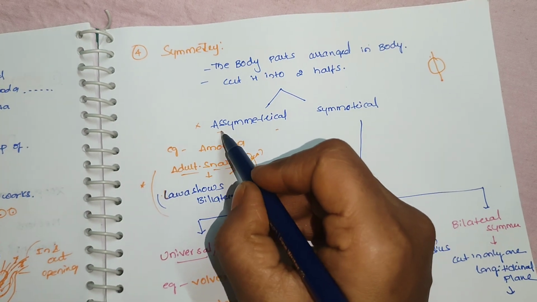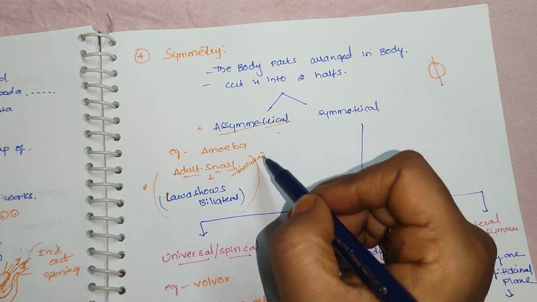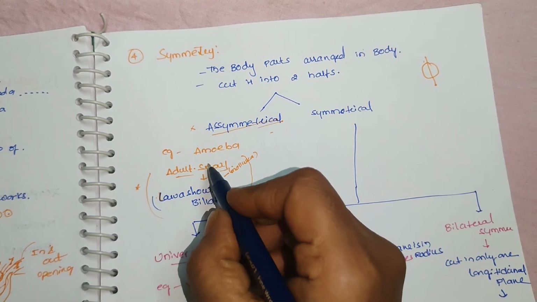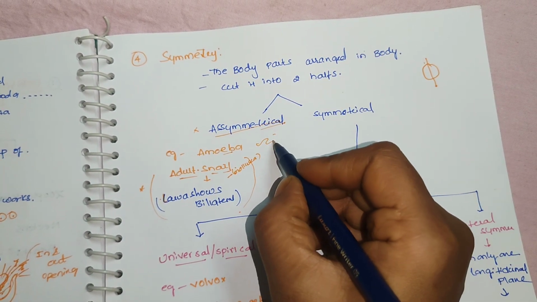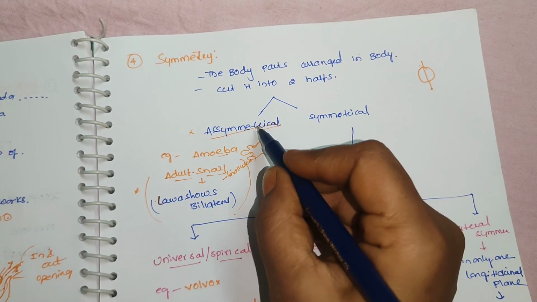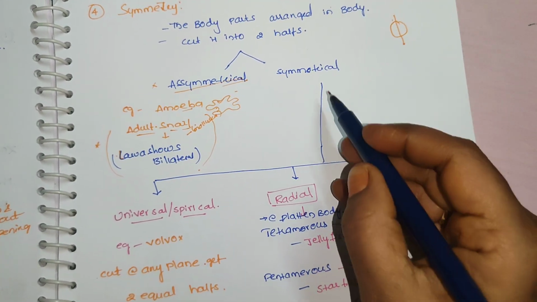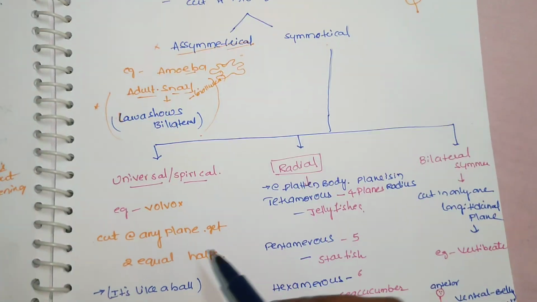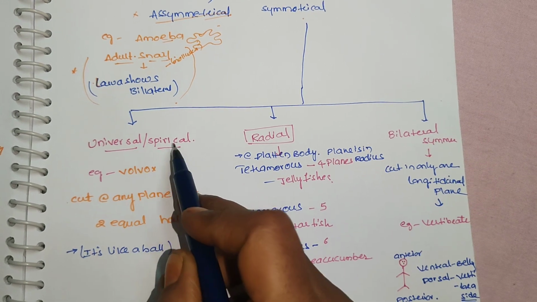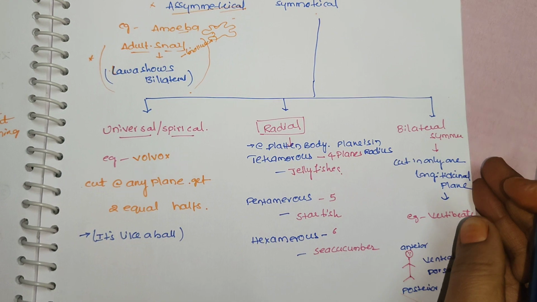Asymmetry means absent, there is no symmetry, no division into two equal halves. Example, amoeba, because it is irregular in shape. Symmetrical means divided into two equal halves. In that we have different types: universal or spherical, radial and bilateral symmetry.